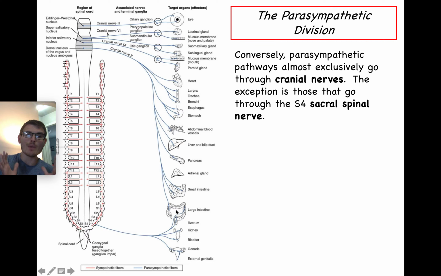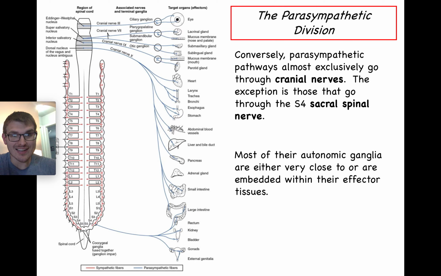So this is what we meant when we said most visceral organs are dual innervated. Most of your organs that are automatically and internally controlled receive both parasympathetic and sympathetic input simultaneously. And the only way we can do that is if we have pathways going to each organ from one side and another.